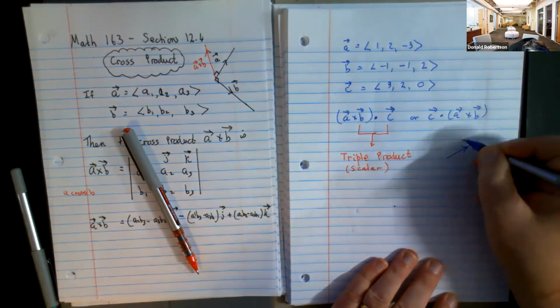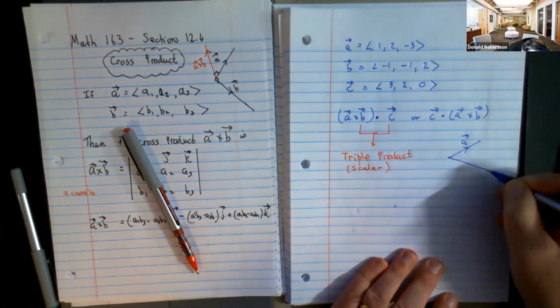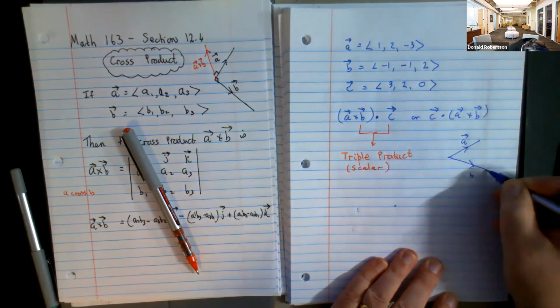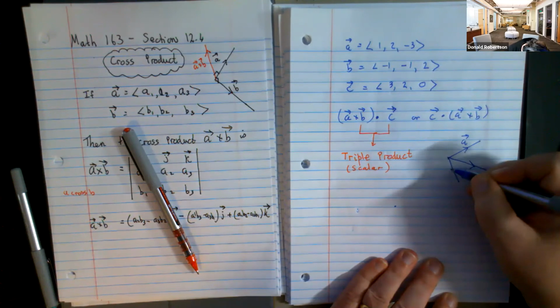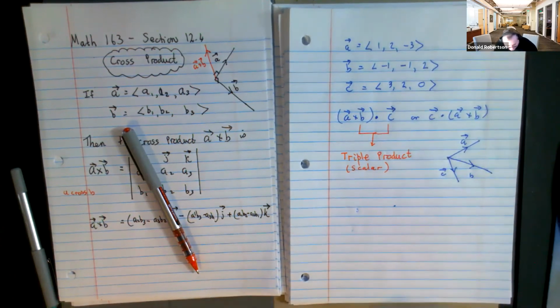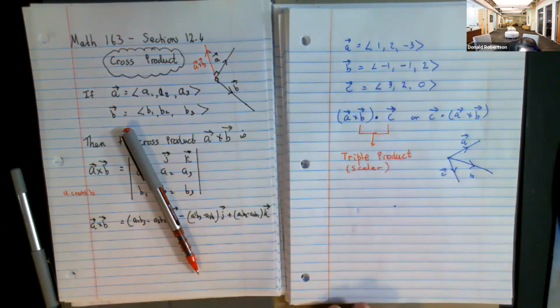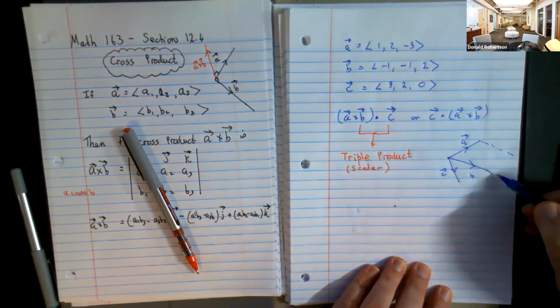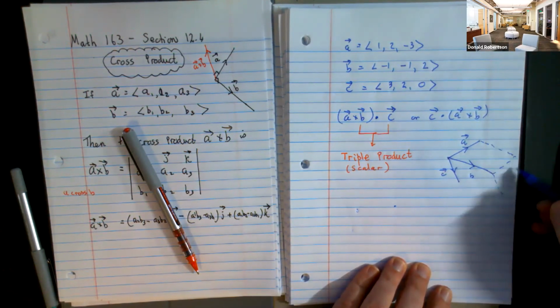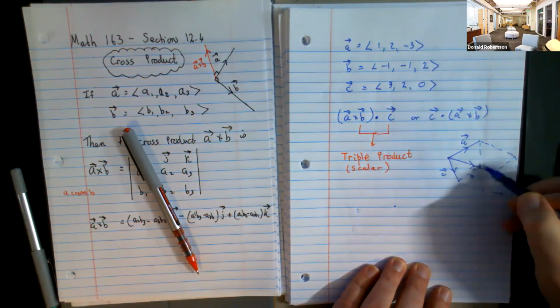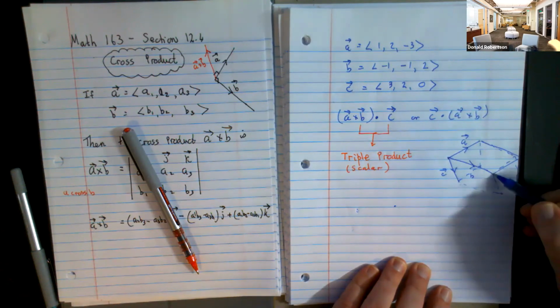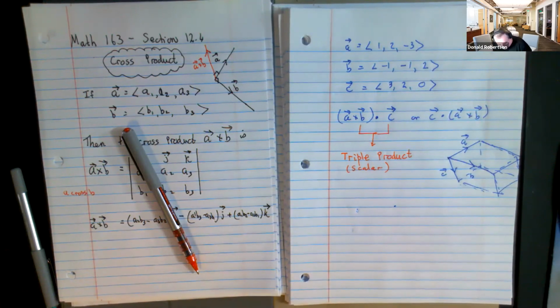I want you to imagine that this is vector A, and this is vector B, and this little guy here, I'll point him down the way, is vector C. If you find this triple product, you find the volume of that three-dimensional shape.